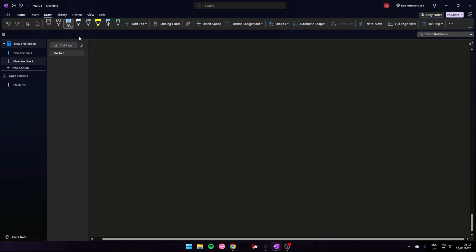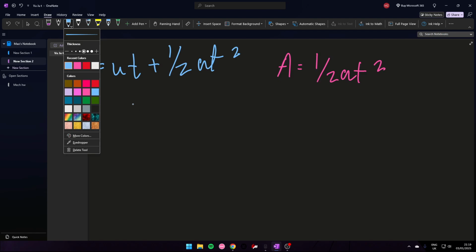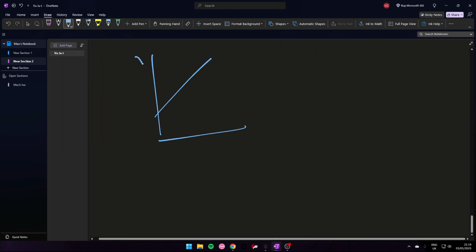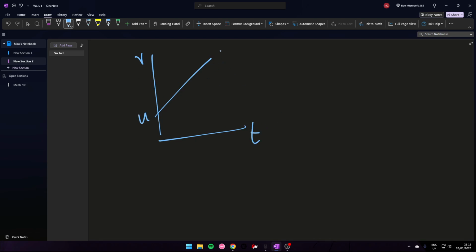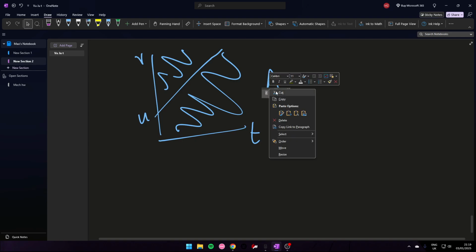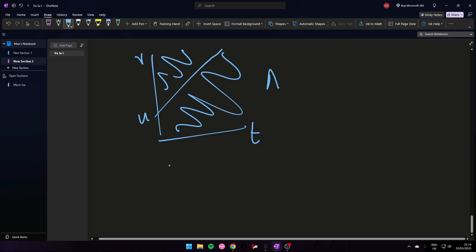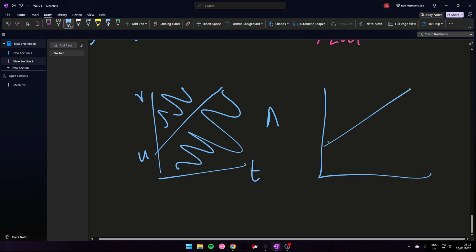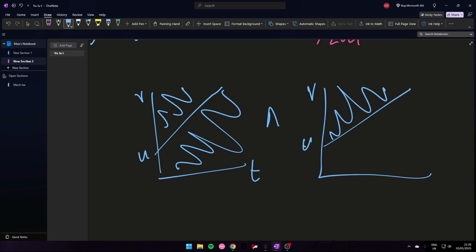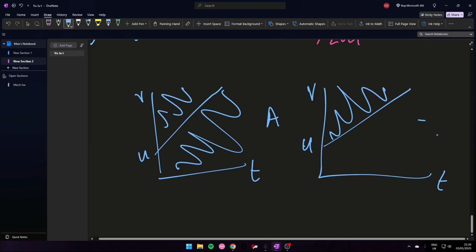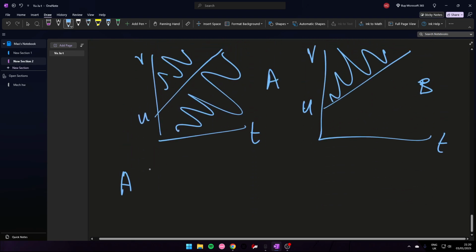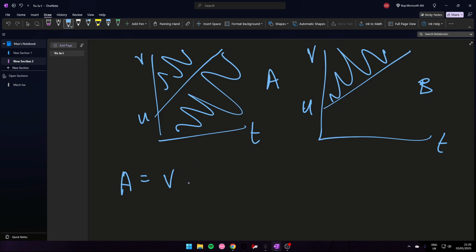Then we can do the same thing for the other one, where we essentially use the same graph, and instead of splitting it up the way that we did, we're going to use the whole area as A, and the area above the line as B. A in this circumstance is equal to vt, as it's the whole area.